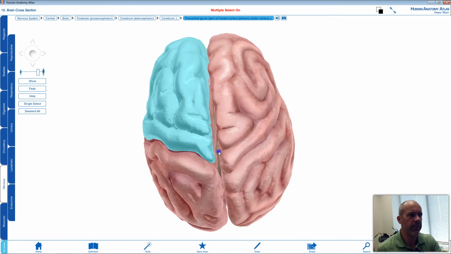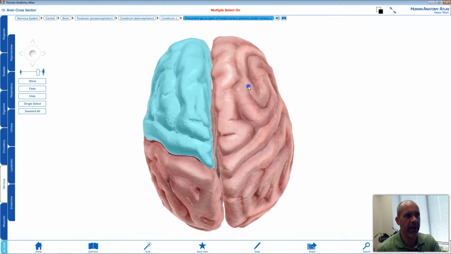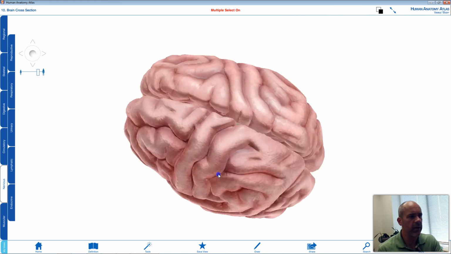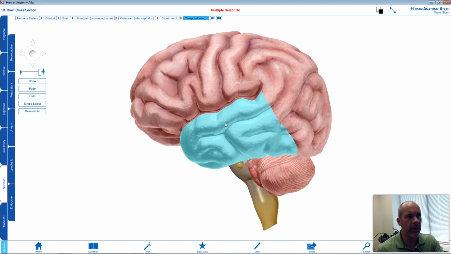All right, so if I rotate my brain around this way, we can highlight the frontal lobe over here on the right side. So right in there, you've got the central sulcus over on that side as well. All right, the next one, let's deselect all of those. And let me highlight the temporal lobe over here on this side.